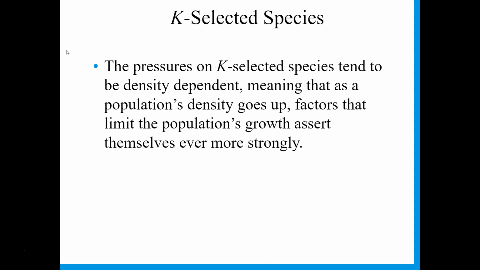There's going to be less food, less water, and more and more problems with that number of elephants living in an area. And so these K-dependent species usually stay right around their carrying capacity. They don't really alter very much from it, because as you get more and more individuals, there are more and more pressures keeping those populations down.